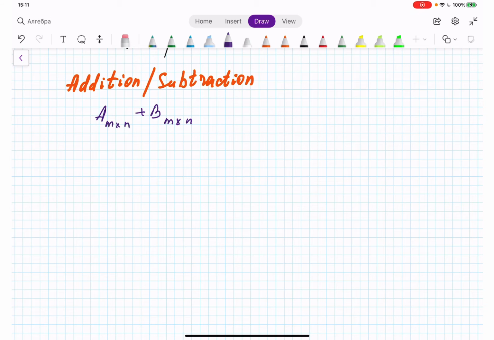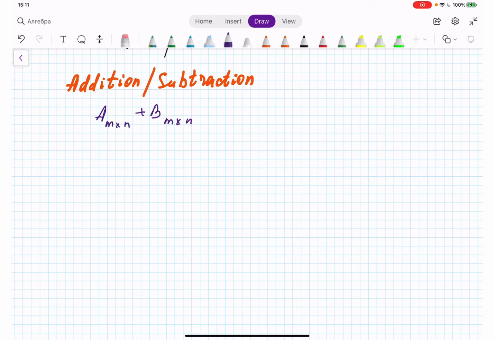So it has to be the same size: m rows on both matrices and n columns. And to do addition and subtraction of matrices, it's a pretty clear operation because all we're going to do is just add and subtract corresponding elements.